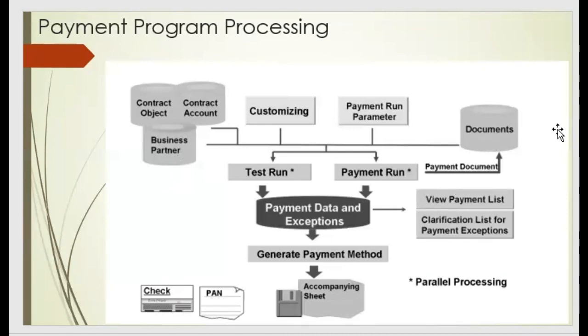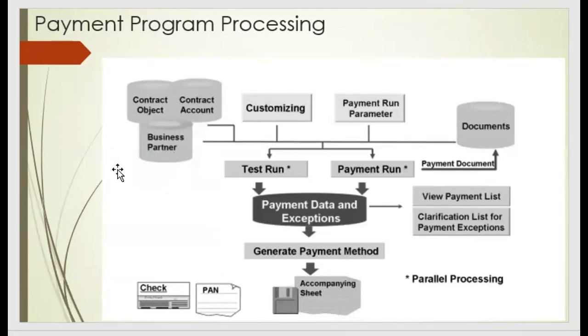And that generates the payment documents. So the business partner, contract account and contract objects we may get from the document. Then based on the customization, we do the controlling, clearing of the control, and the clarification.